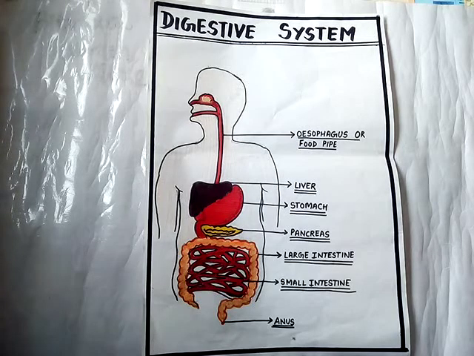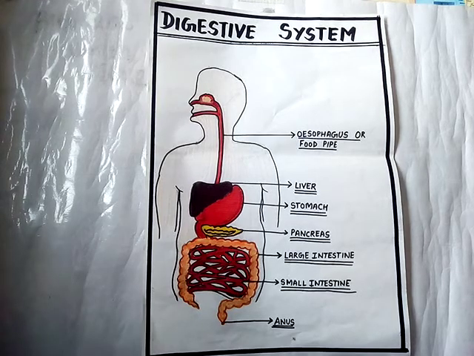Teeth chew and grind the food. Salivary glands secrete saliva. There are 3 pairs of salivary glands which are located at the bottom and at the side of the mouth: submandibular or submaxillary, sublingual and parotid glands.